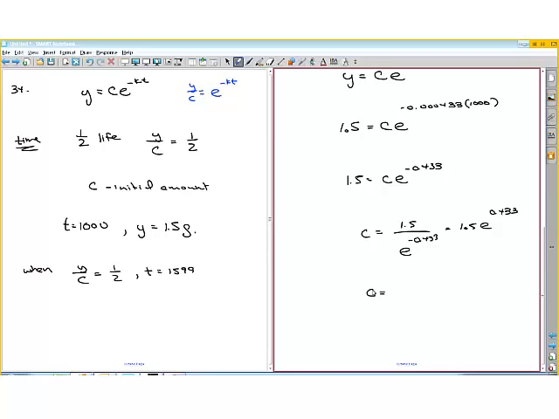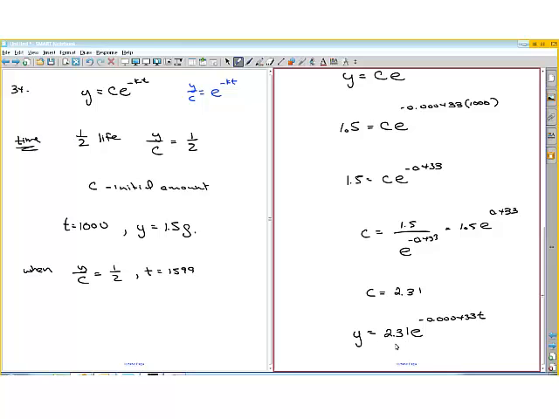So I can plug that in. 1.5 times e to the 0.433, and I get 2.31. So now the original equation can be fully defined. y is equal to 2.31 e to the minus 0.000433 t.